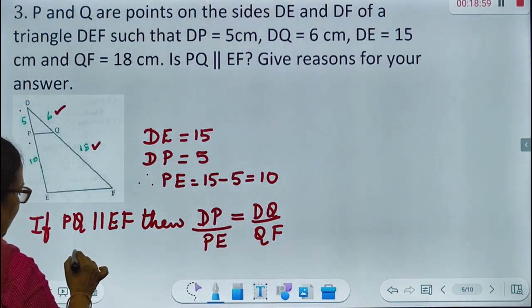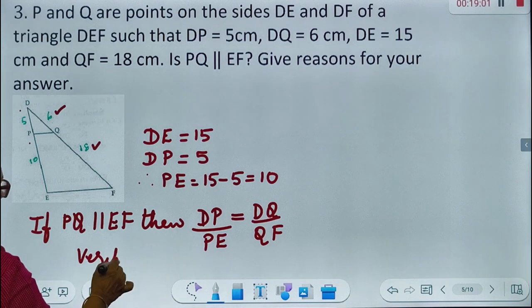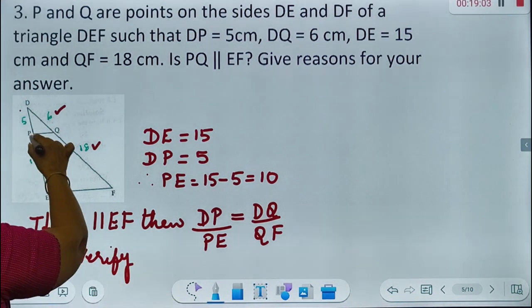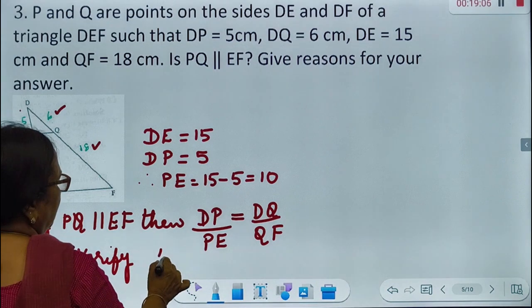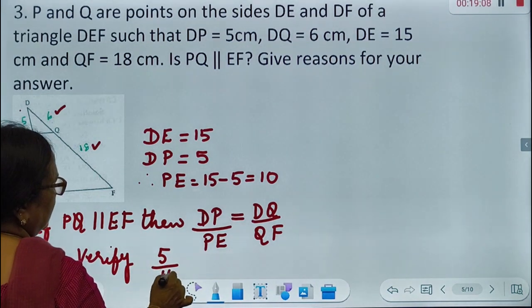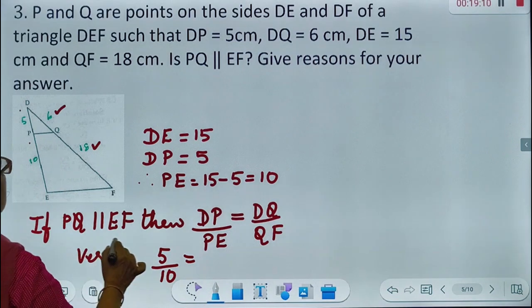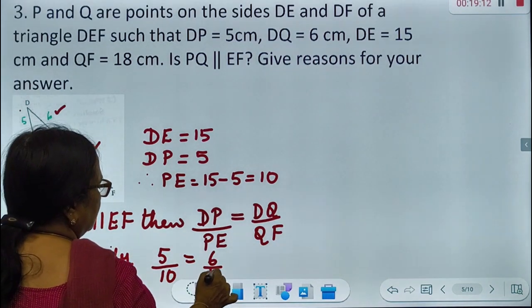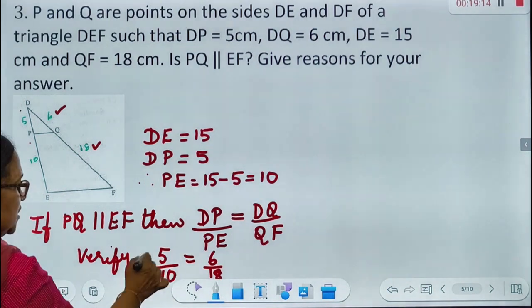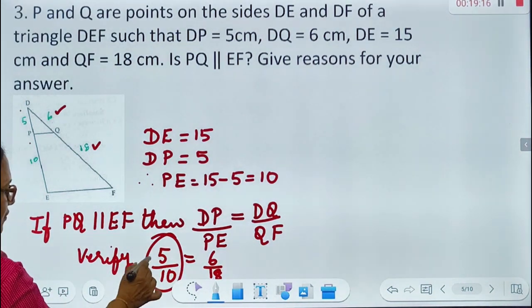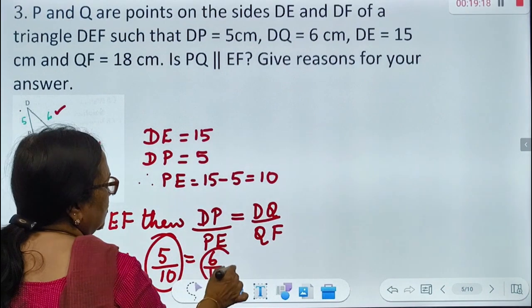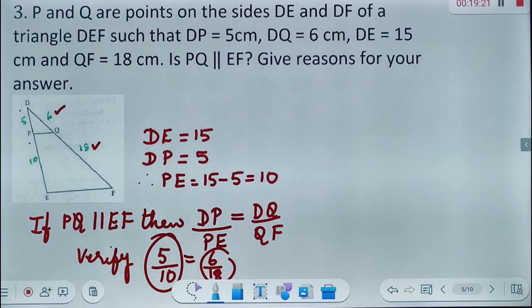Okay, let us verify. What is DP by PE? 5 by 10 equal to DQ is 6 by 18. So this is half, right? Whereas this is 1 by 3. 6 by 18.